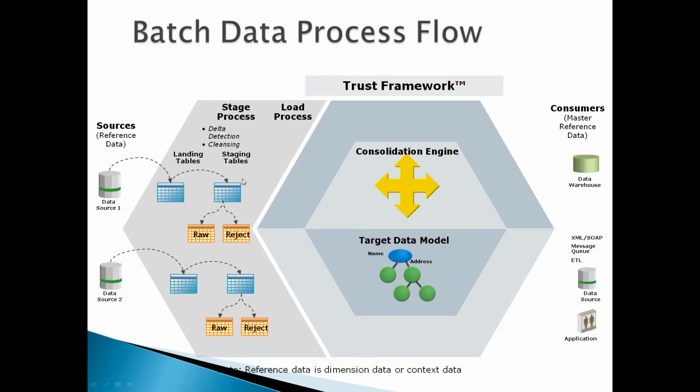Hi. So between the landing table and staging table, we have a mapping defined where we put which columns from the landing table will be mapped to the staging table. Whatever cleansing and validation requirements we have, we do all the steps here itself between the landing and the staging table.